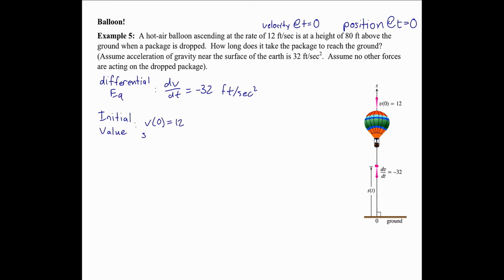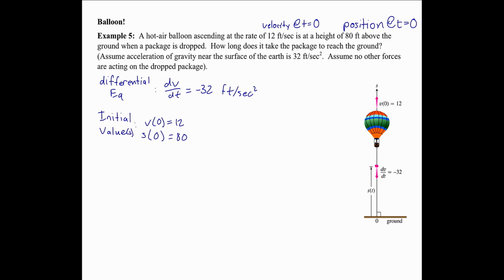And it's good to note that the position at time 0 was equal to 80. So let's go on and use this and see if we can get an equation in terms of time that allows us to figure out how long it takes for the package to reach the ground.